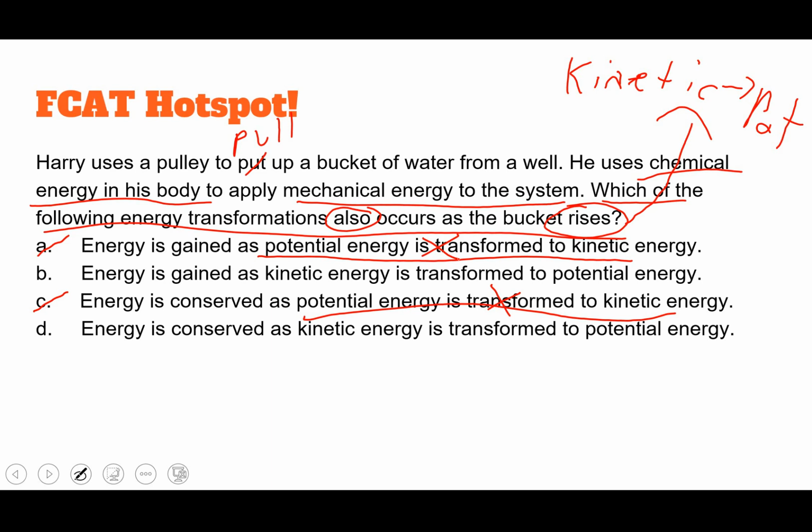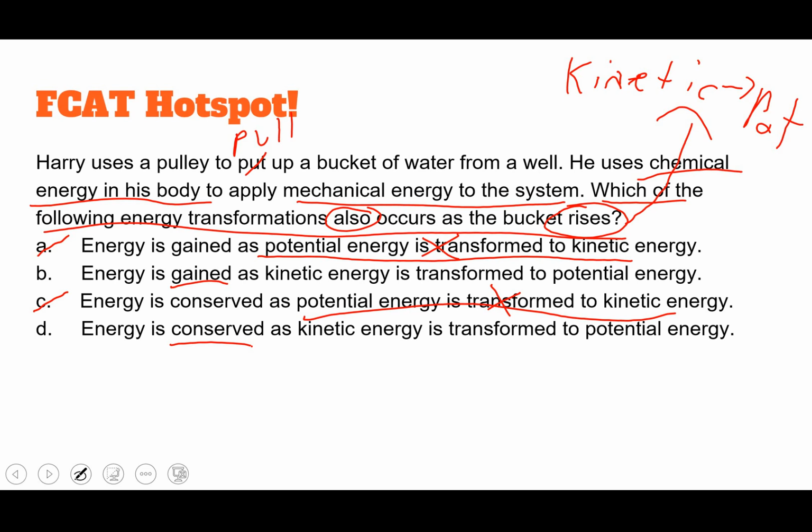B: Energy is gained as kinetic energy is transformed to potential energy. Well, we know it's kinetic to potential. Let's look at D: Energy is conserved as kinetic energy is transformed to potential energy. The only difference between those two are the words gained and conserved.